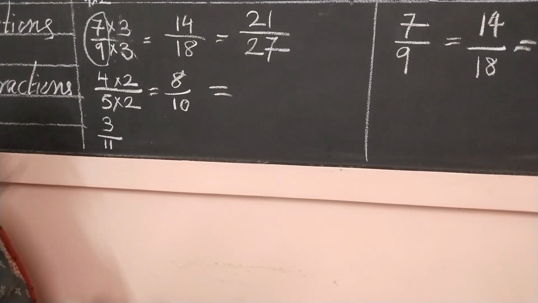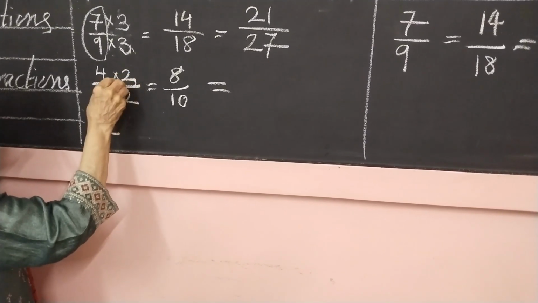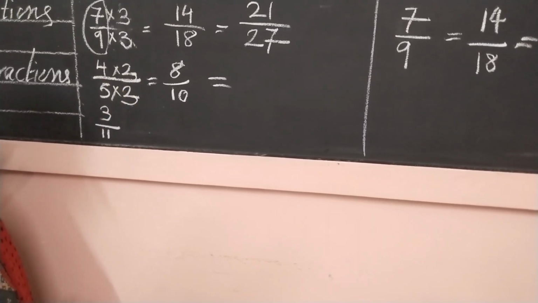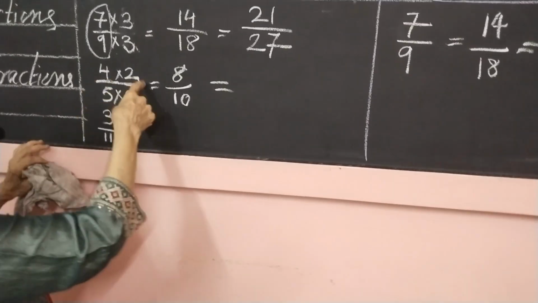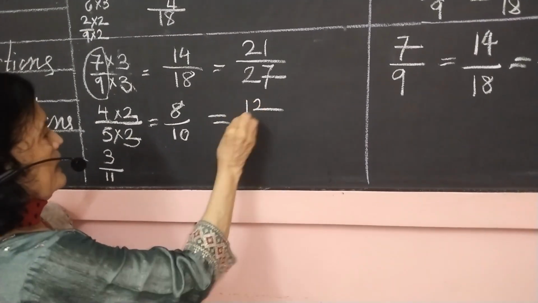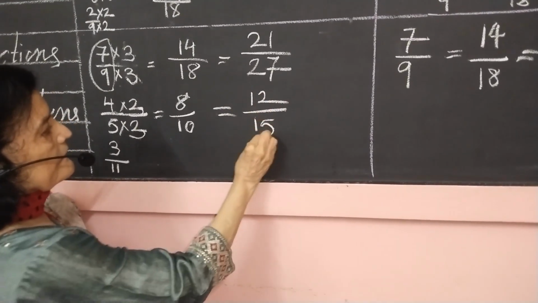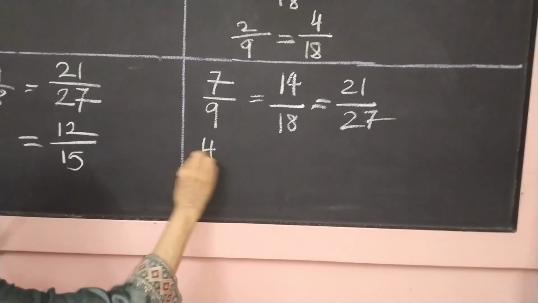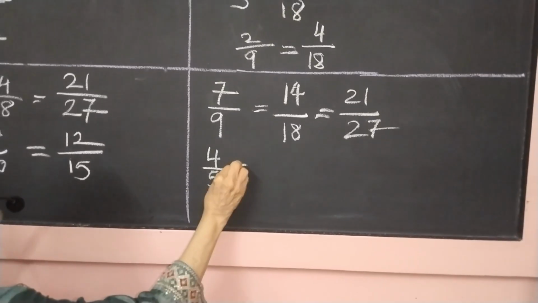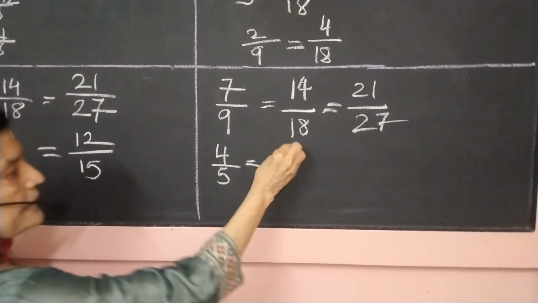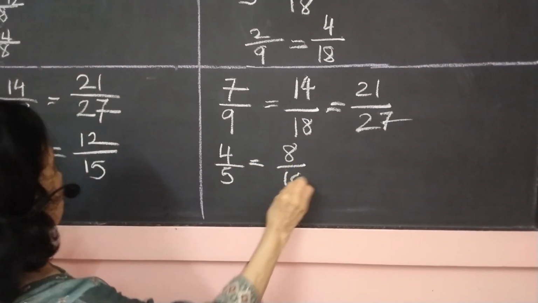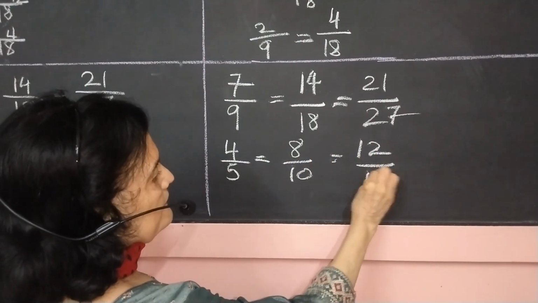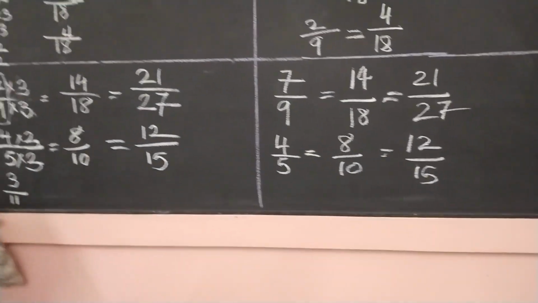Now instead of 2, if we multiply the numerator as well as the denominator with 3, then what do we get? 4 3s are 12 and 5 3s are 15. So the second answer is 4 upon 5 is equal to 8 upon 10 is equal to 12 upon 15. This is our second answer.